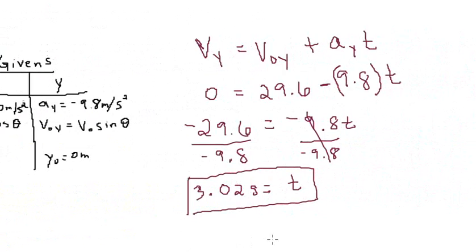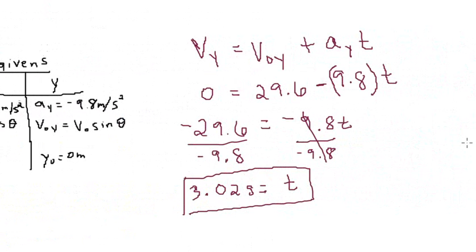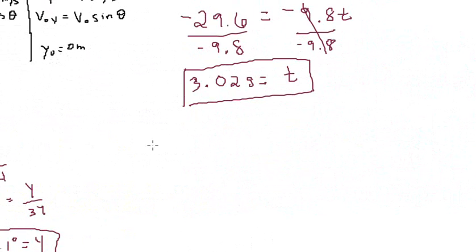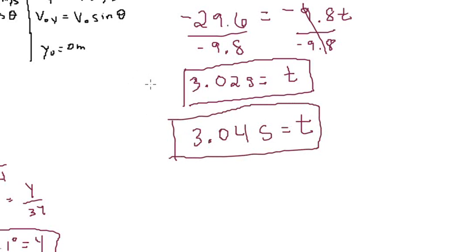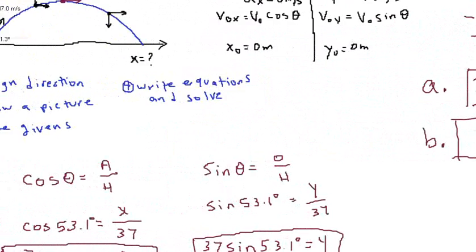This is the time to go all the way. So this is the answer for part A, and this is the answer for part B. Symmetry is very important in this problem.